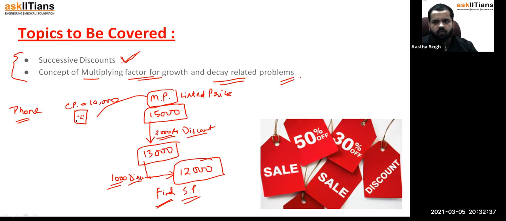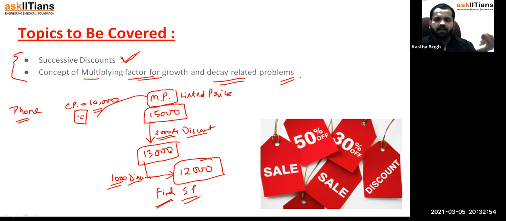The phone has a certain cost price, 10,000. The phone was listed at a certain price, 15,000. Then a successive discount was given. Suppose he gave a discount of 2,000 rupees.